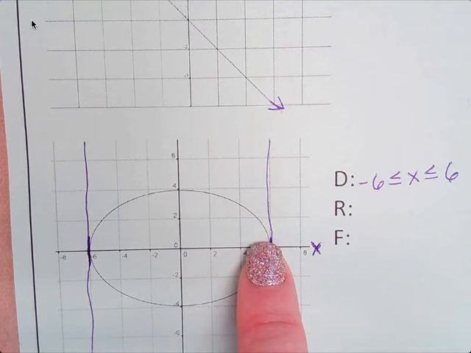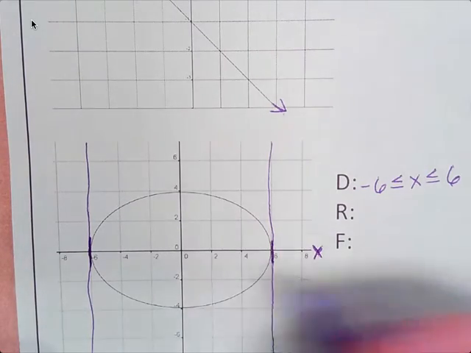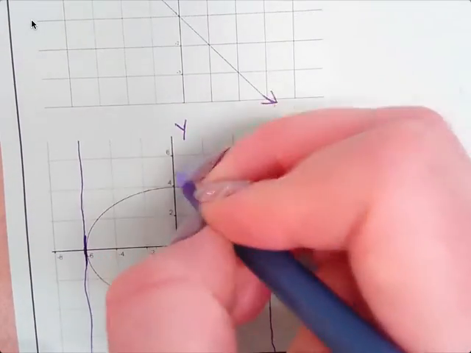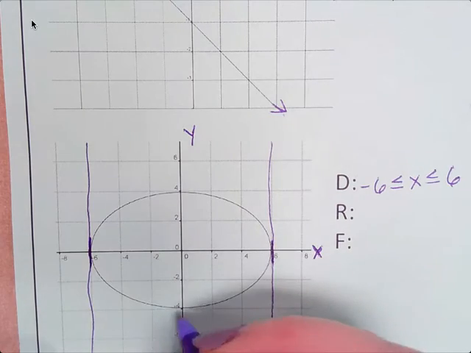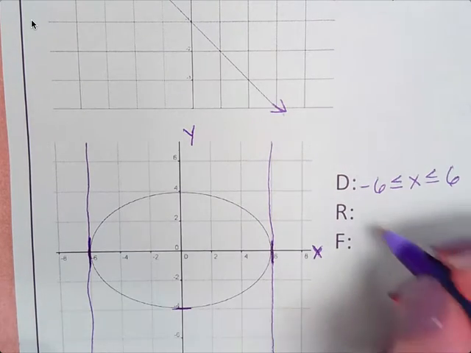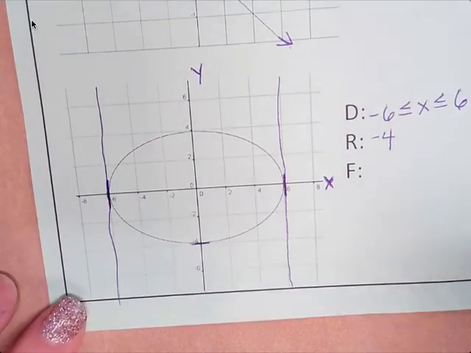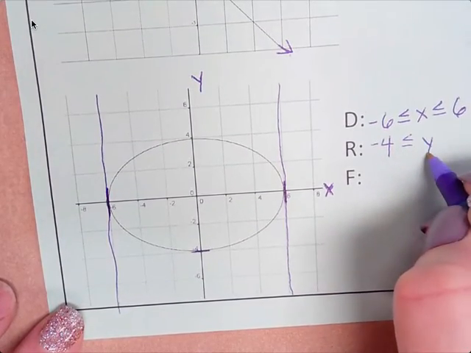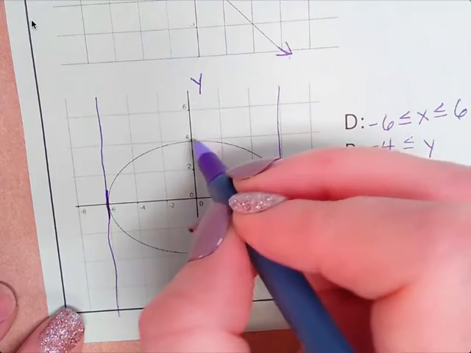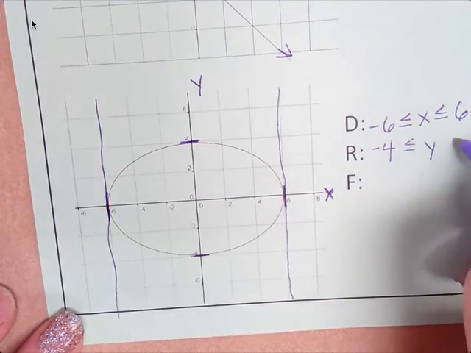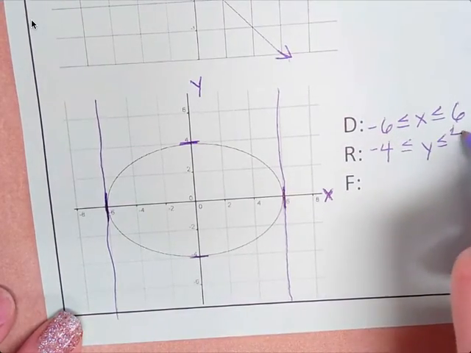And then what about our range? On our y-axis, what's the lowest we can go? -4. Is -4 included? So it's less than or equal to y. And then how far up does it go? 4. So it's less than or equal to 4.